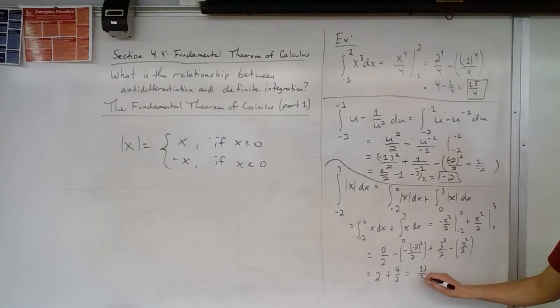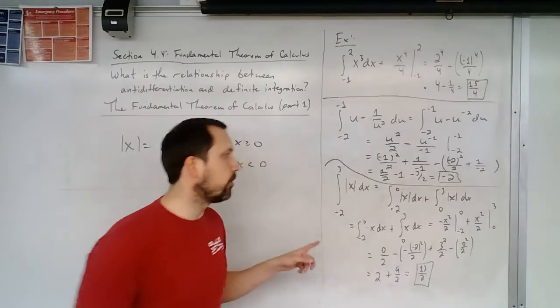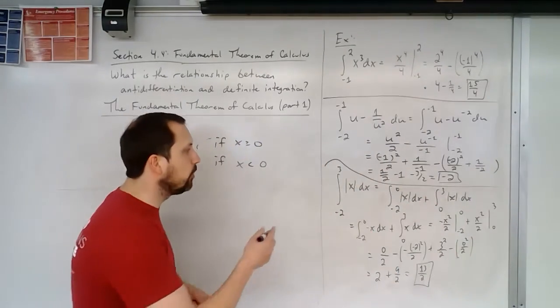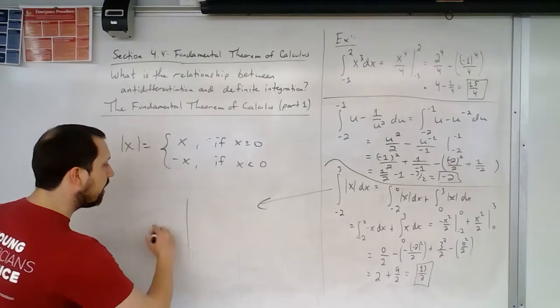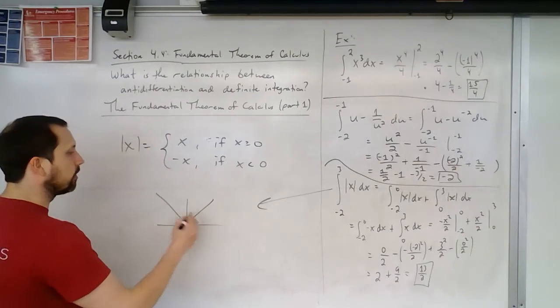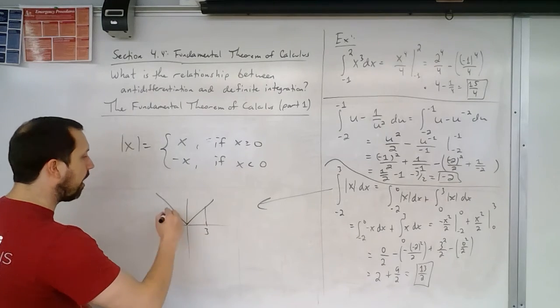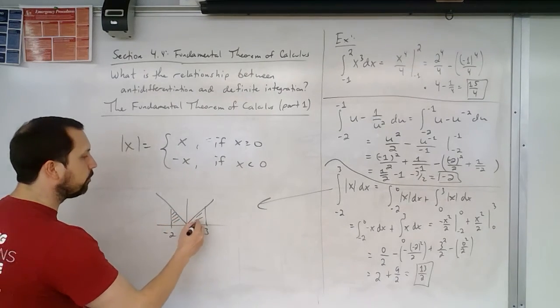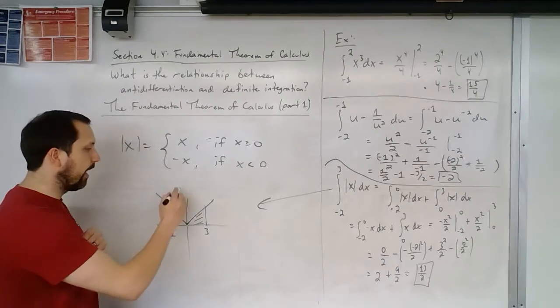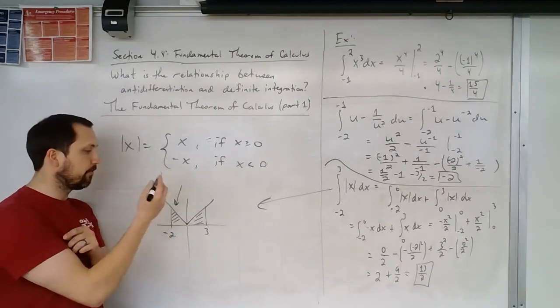And so this becomes 13 over 2. And again, if you weren't sure how to check your answer, you could just draw the picture. Think about what the absolute value of x looks like, and you're looking at it from -2 to 3. You have these regions. You have two triangles. The area of this triangle is going to be 1/2 the base times height.